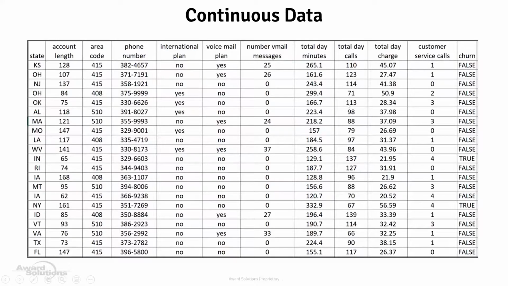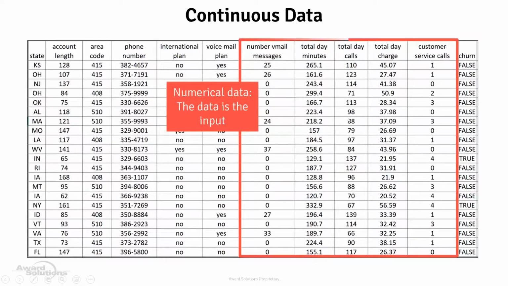So let me give you a couple of examples of continuous data. Now, what you see on the screen is a set of data that is a common set of data that people use to learn how to build AI models. This is a set of data that's called churn. And the purpose of this data is to take all of this information about subscribers and see if we can learn what's causing them to want to change to a different service provider.